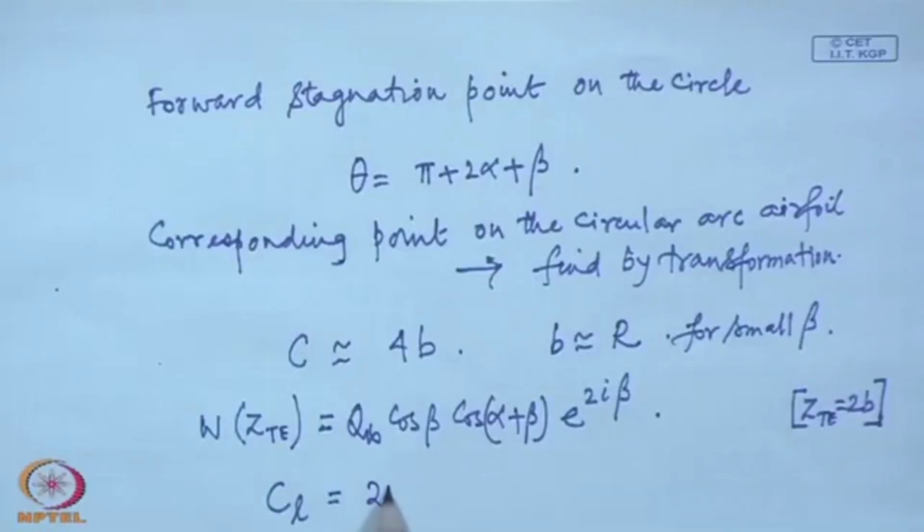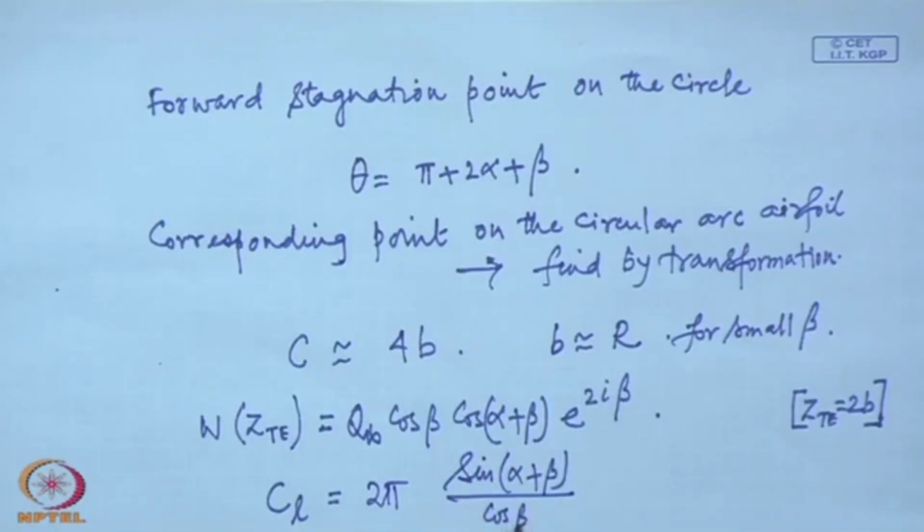So, it becomes 2 pi sin alpha plus beta by cos beta, which is again approximately 2 pi into alpha plus beta for small alpha.